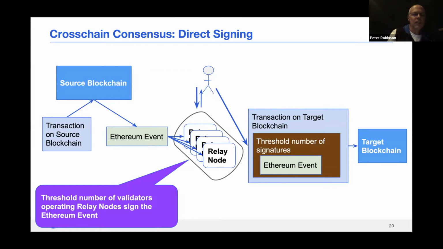And then a user gets that signed event by asking for it from the relay nodes, and then submits a transaction to the target blockchain that has the event in it and the threshold number of signatures. Because you've submitted it with those signatures, it'll be trusted on the target blockchain, and then you can do something with that.